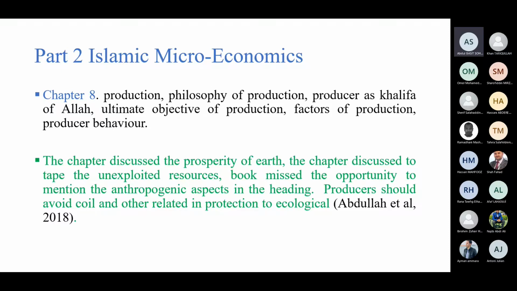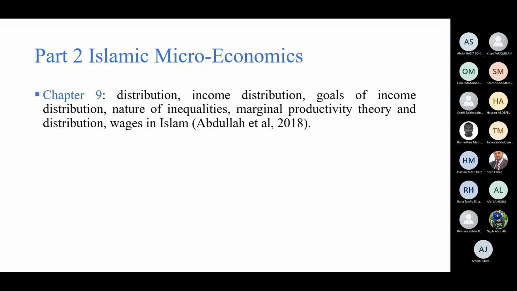Producers should avoid coal and other related products to protect the ecological system. It should be mentioned in this chapter that producers should avoid any activity that creates a bad impact for the environment.